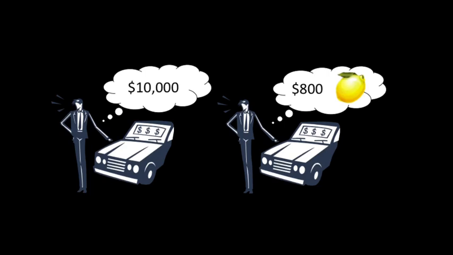Okay, if this were to play out on a large scale, then what would happen is that in the marketplace, only the used cars that are Lemons would be purchased. Because the Lemons, if they were priced at their true value, would be priced at a really low amount.